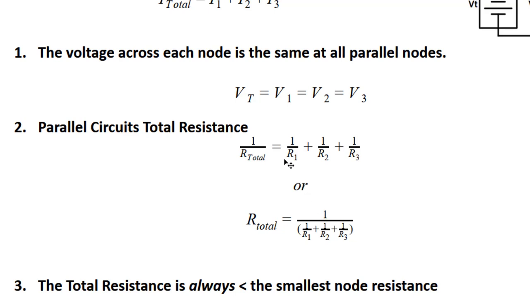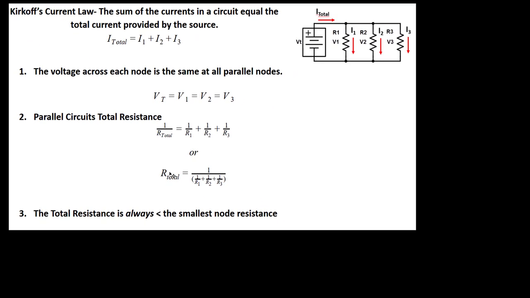That is derived from the formula above, which says the inverse of the total resistance is equal to the sum of the inverses of the individual branches. If you did the algebra to get R total by itself, this is the equation that you'd end up with.